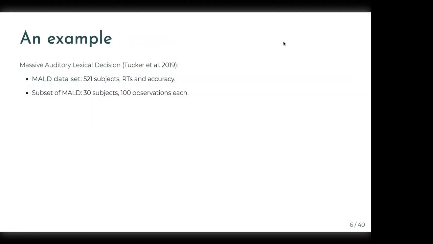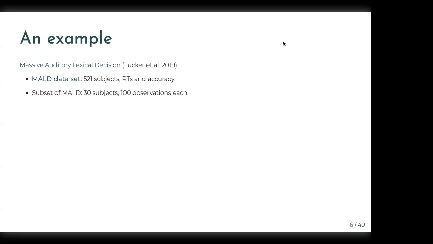So we're going to work with a data set for the entire workshop. This is the massive auditory lexical decision task data set by Tucker et al. 2019. The original data set is massive. It's like 521 subjects.